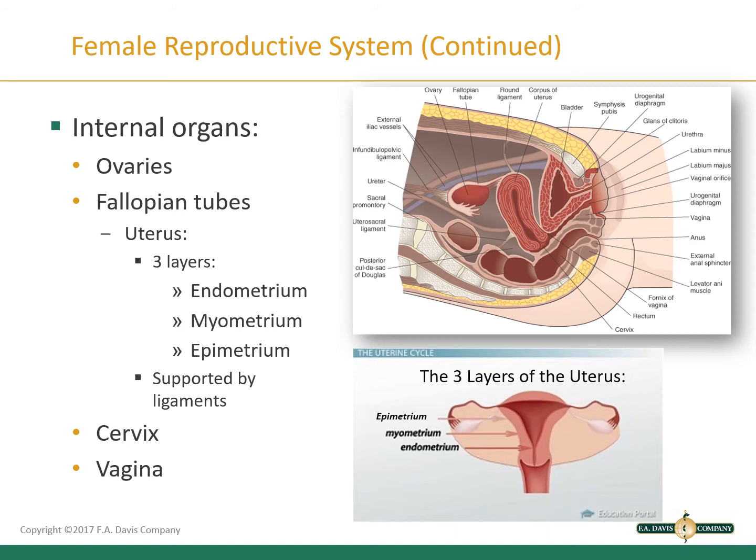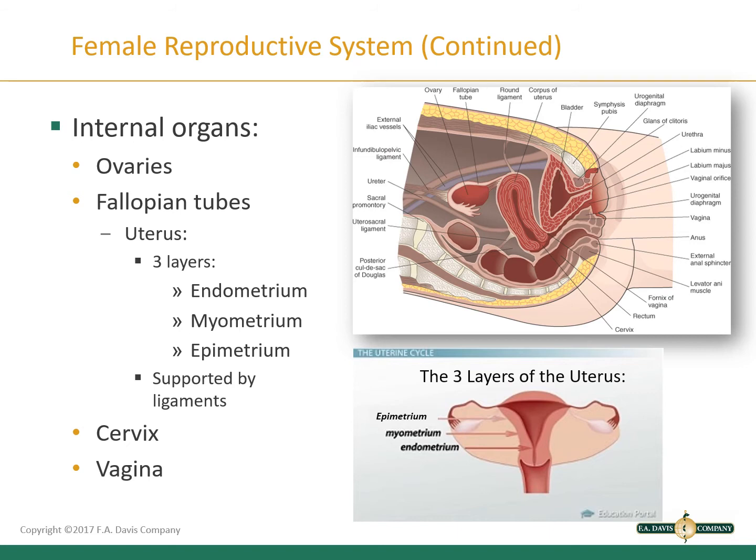Your uterus is a muscular triangular shaped organ located between the rectum and the bladder. The uterus function is to provide the environment for the growth of the fetus. The uterus is like the house for the fetus.